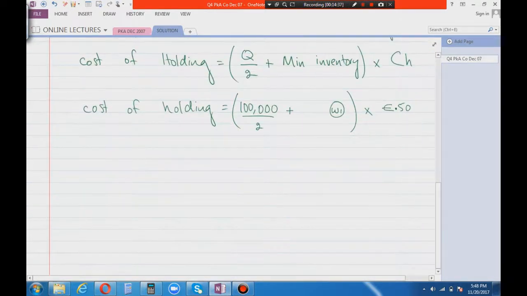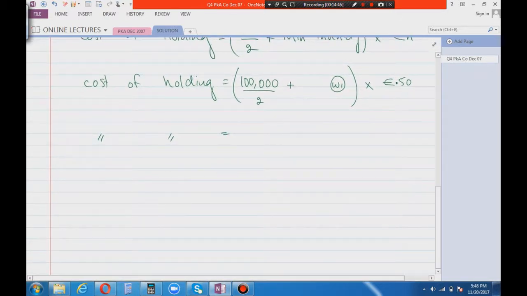I'll leave some space to calculate the cost of holding, and we will find our minimum inventory here, and I'll leave some more space to calculate the total cost when we add cost of ordering and cost of holding together.